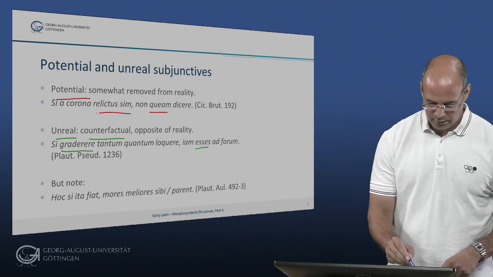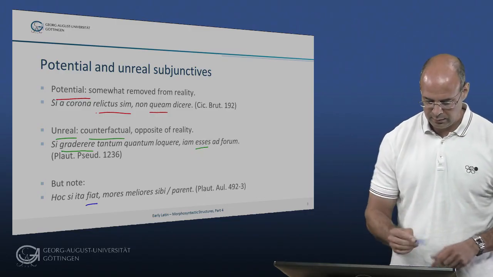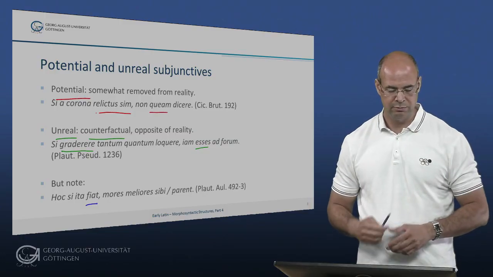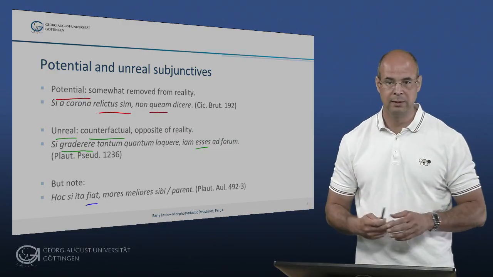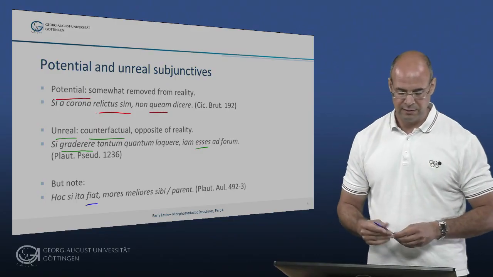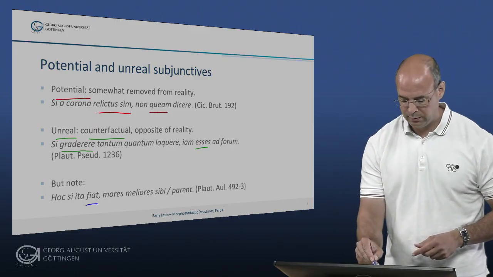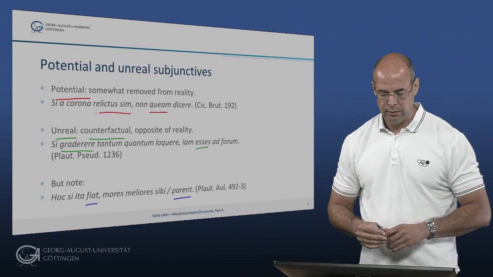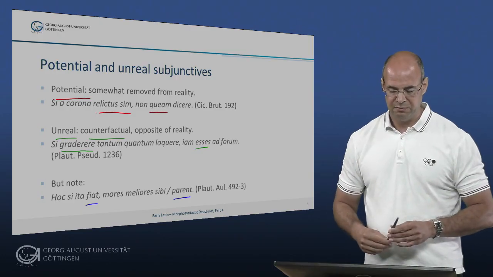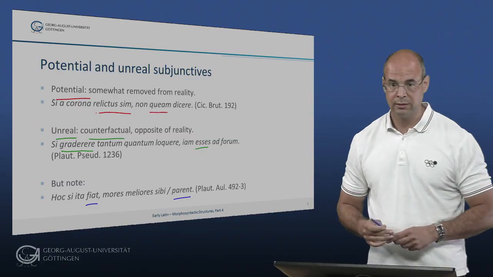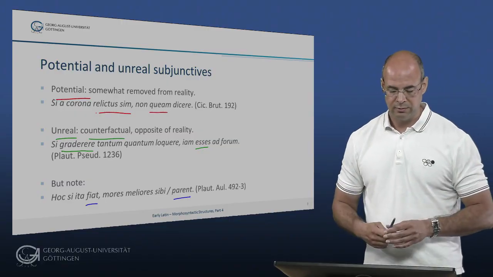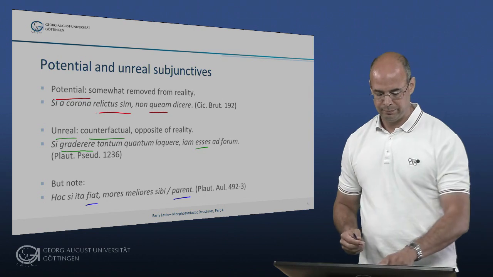Hoc si ita fiat, if it were to happen like that, present subjunctive, but it's not happening like that, so it's counterfactual. Mores meliores sibi parent, they would acquire better manners for themselves. Again, present subjunctive, but it's counterfactual because they're not doing that.